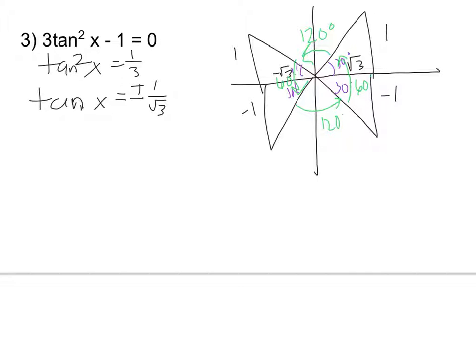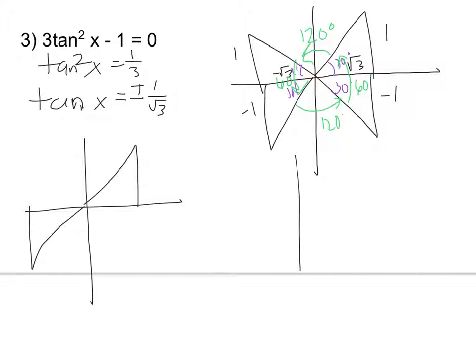However, if I actually now split up my two equations, so I draw these two here, and these two here. Again, these angles are still going to be 30 degrees.